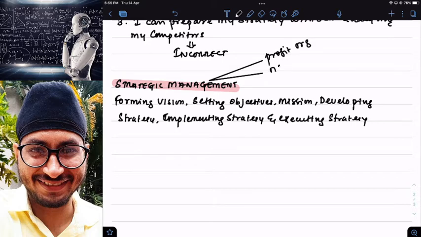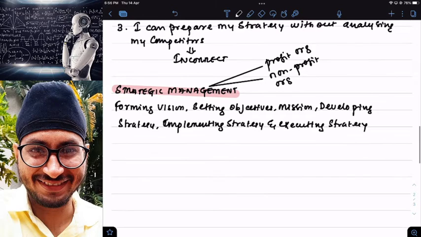It is applicable to non-profit organizations also. Every type of business, whether it is profit oriented or non-profit oriented, should follow strategic management. This was a small introduction to strategic management.